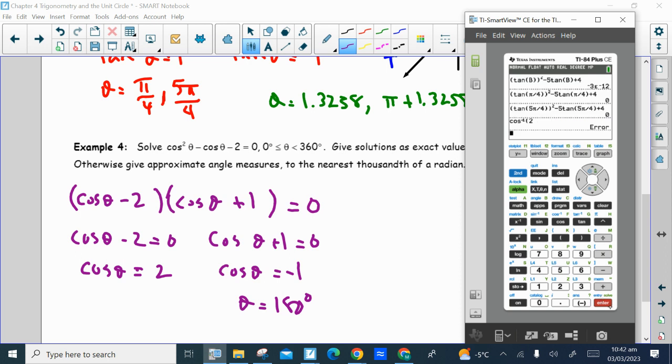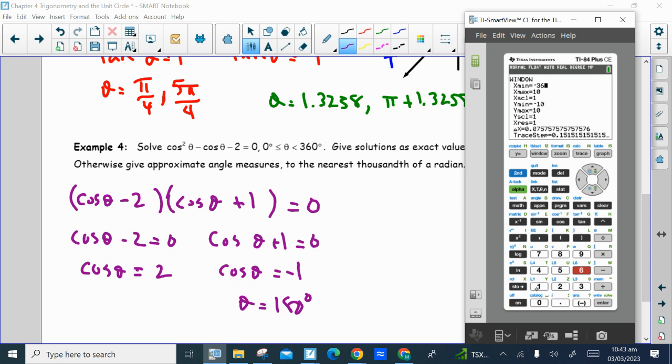If you graph y equals cosine x in your calculator, you can just watch this. Next chapter, we'll look more closely at the graphs of trig functions, what they look like, and we'll do transformations on them. But for now, I'm going to graph y equals cosine of x. I am in degree mode, so my windows will need to reflect that.